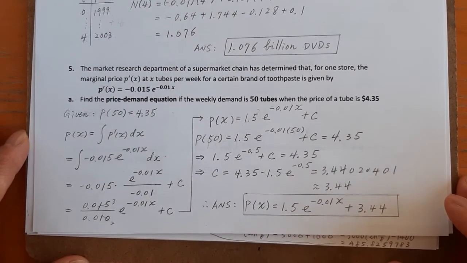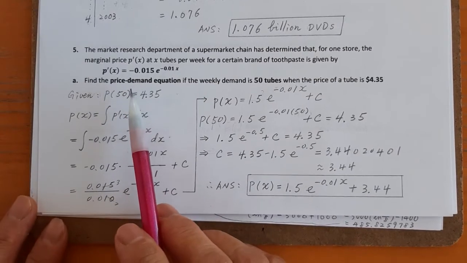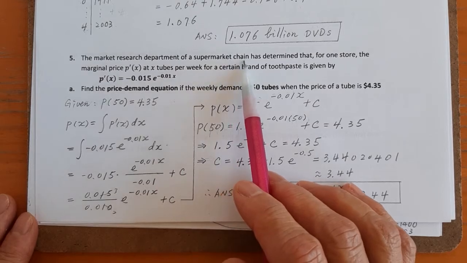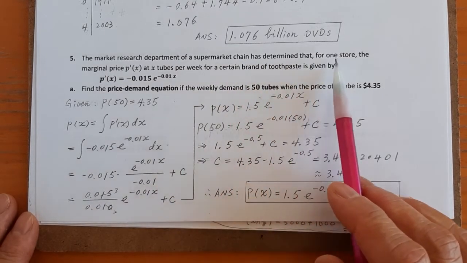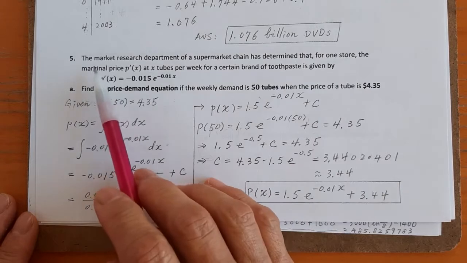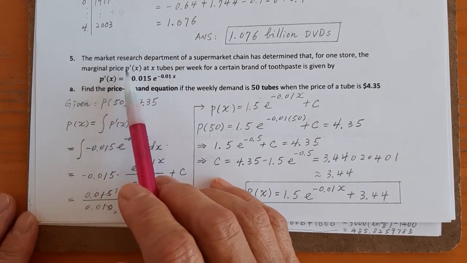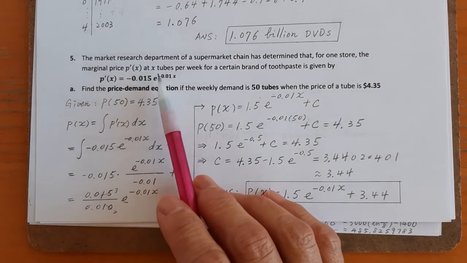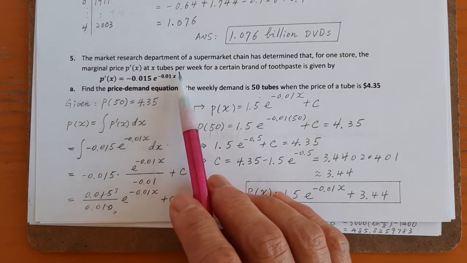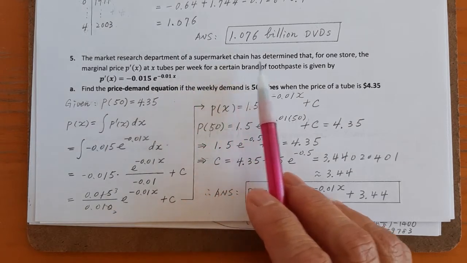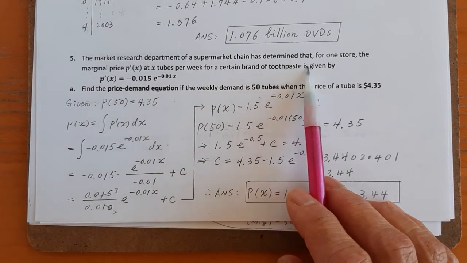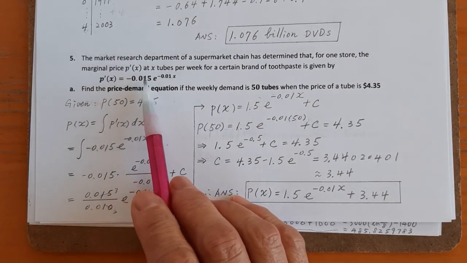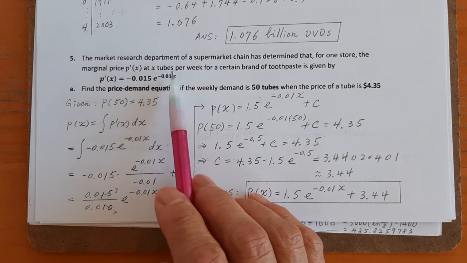Question 5. The market research department of a supermarket chain has determined that for one store, the marginal price, the price's derivative p prime of x at x tubes per week for a certain brand of toothpaste, is given by p prime of x equals negative 0.015 e to the power negative 0.01x.